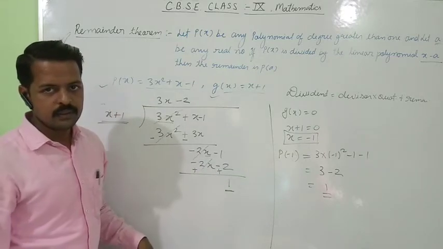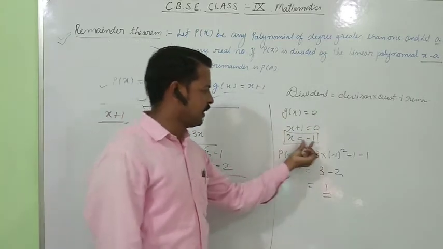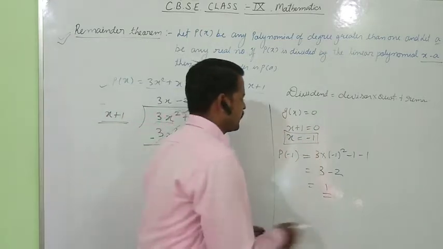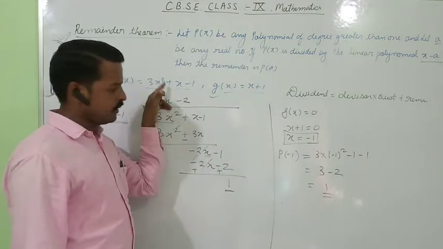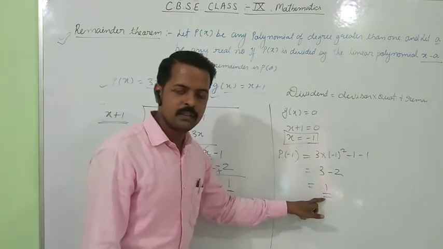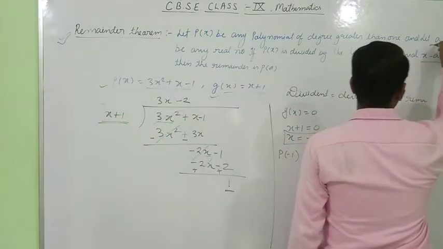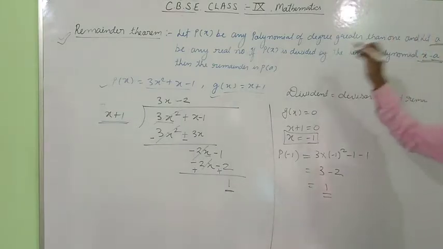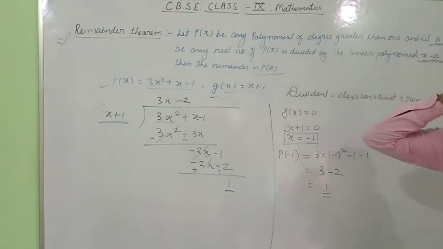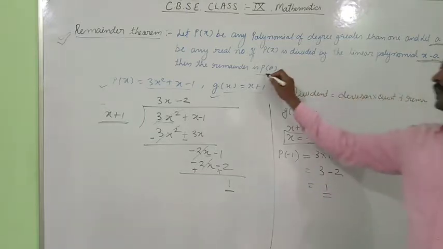Remainder. p of a, देखिए जैसे g of x लिया था मैंने, इसको सॉल्व किया, वैल्यू बनाया, ये -1 क्या है? एक रियल नंबर है. अब इस रियल नंबर को हमने पॉलिनोमियल में सब्स्टिट्यूट किया, जो आंसर आया वो क्या हो गया? आपका रिमाइंडर. For any real number a, if x minus a is the divisor, then p of a is what? Remainder.